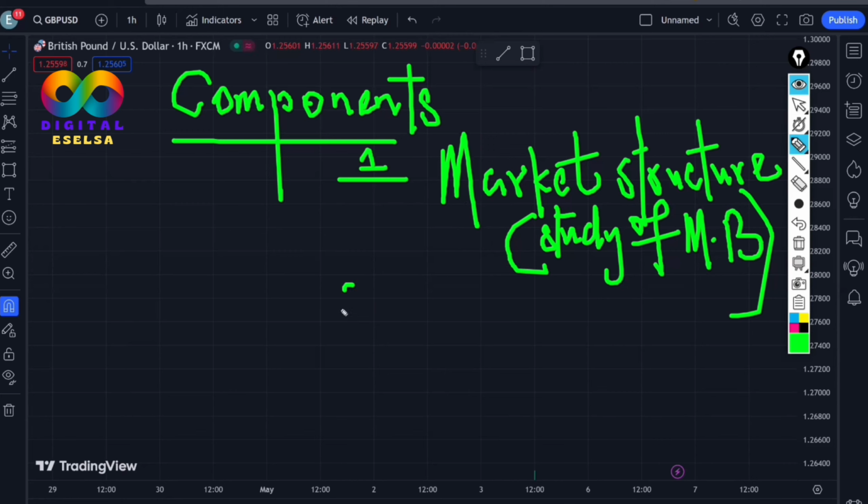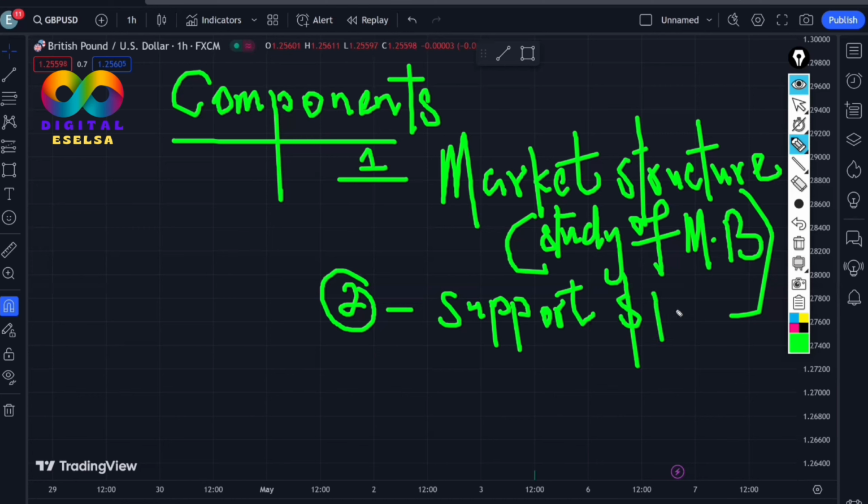The second one you need is this. You need everything you need to know about support and resistance. You need knowledge on support and resistance. Some people even call it S and R, support and resistance. Support can also be called demand. You can even call it demand and supply.